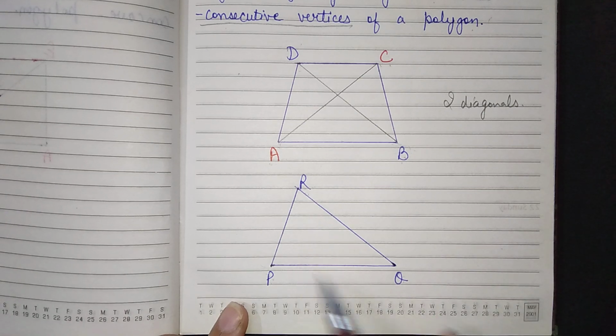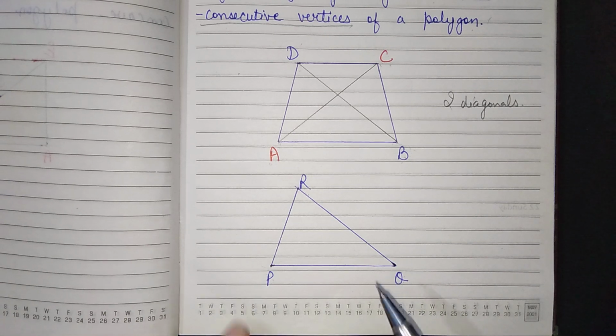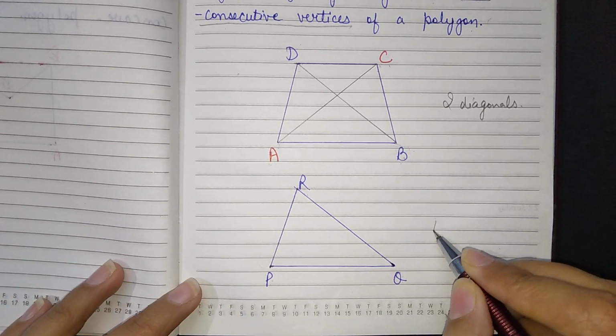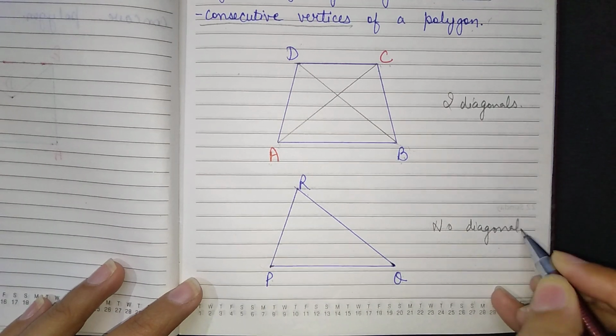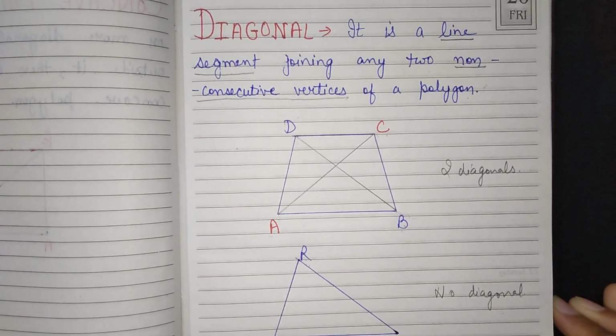As there is no pair of non-consecutive vertices, we can't join them, and as we can't join them, we can't get a diagonal. So we shall say that a triangle has no diagonal. I hope the definition of diagonal is clear to everyone.